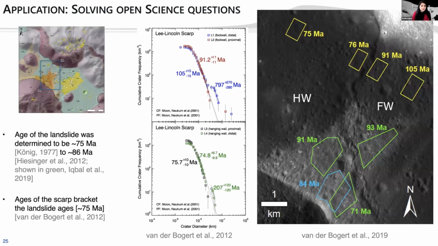This is another project we have done, in which, as I said, we still have many open questions, because with Apollo data, not everything was solved. We still have a lot of questions about, for example, the nature of tectonics on the Moon. This is also from Caroline, where she tried to find out the ages of young scarps, and we included the ages.